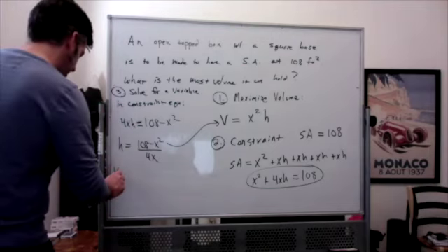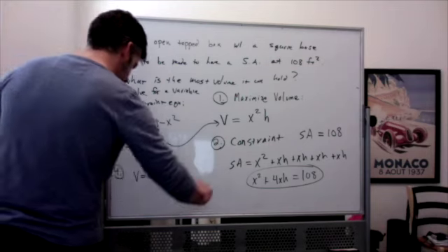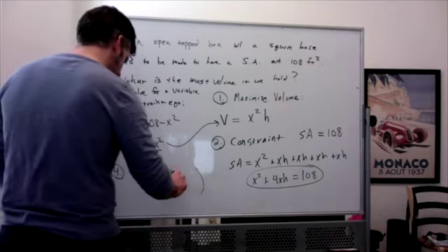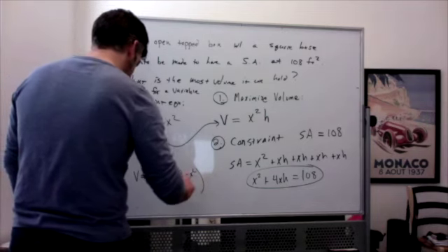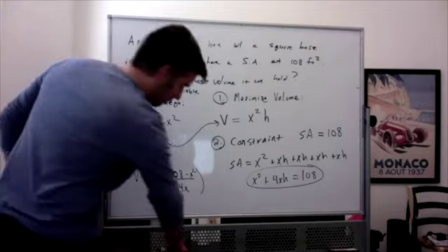So we're going to plug that in, and we're going to get the volume is equal to x squared times h, which is 108 minus x squared all over 4x. I think I've run out of room here, so I'm going to go to the other side of the board.